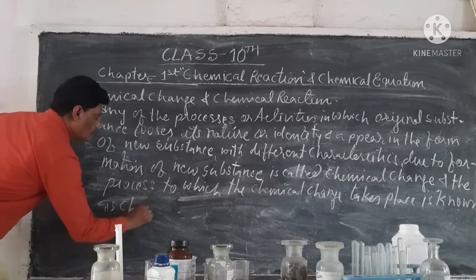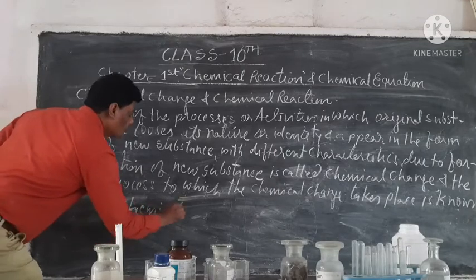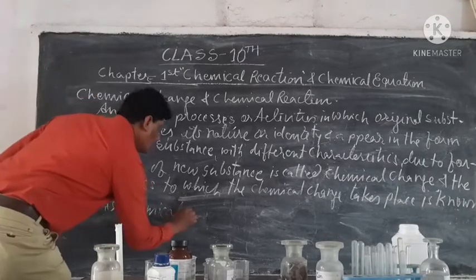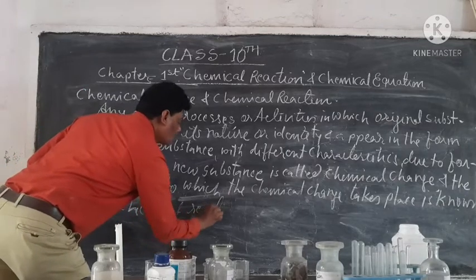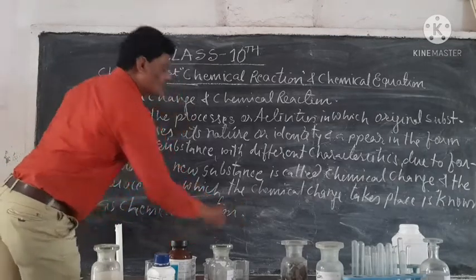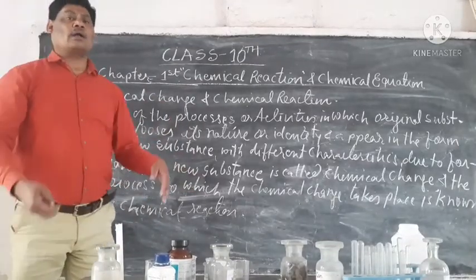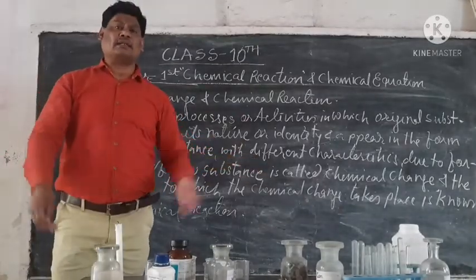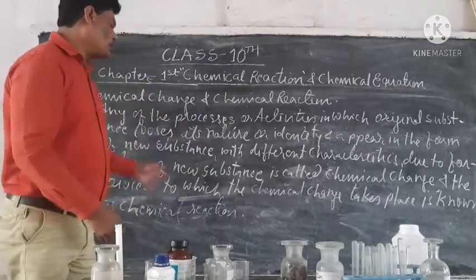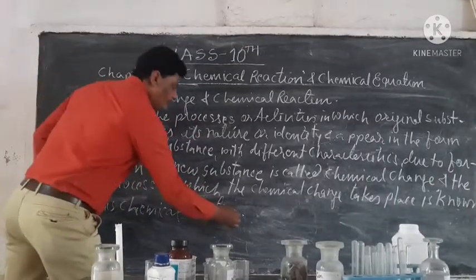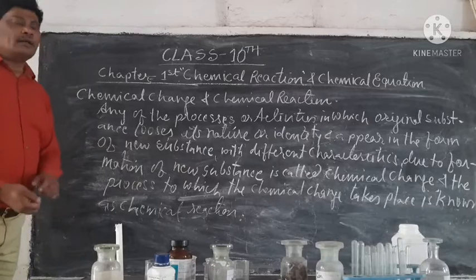That is, the activity which we perform, this activity is known as what? Chemical reaction. It means the two substances or single substances, when heated or when combined with any other substances, then this process is known as chemical reaction.